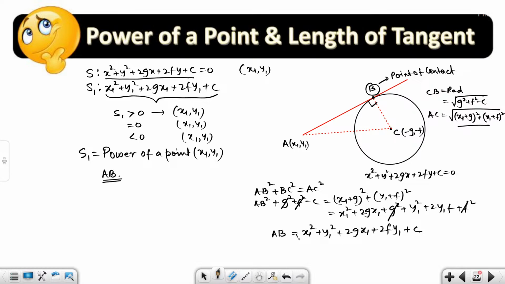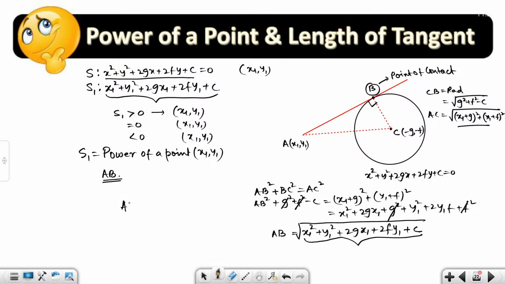Look at it carefully, and take the root of that. AB is the root of x1 square plus y1 square plus 2gx1 plus 2fy1 plus c. Oh my God. What is this? This is nothing but the power of the point.